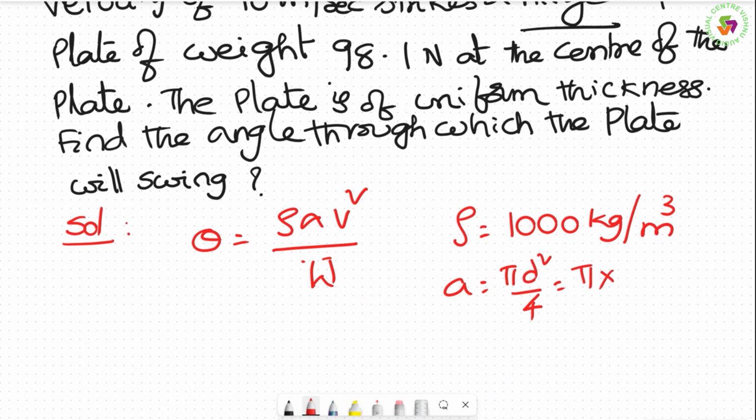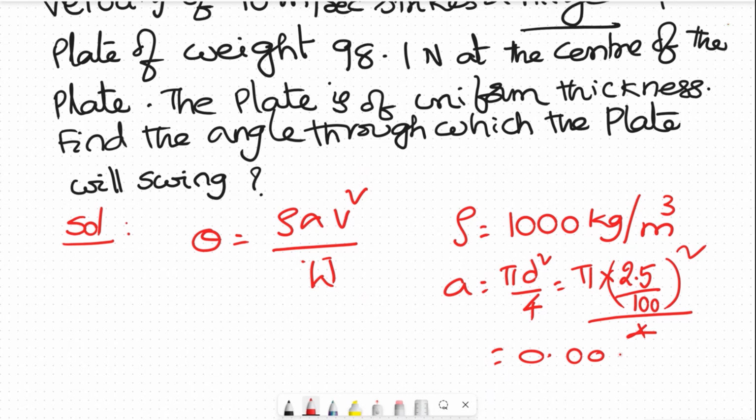The diameter is given as 2.5 centimeters, divided by 100. If you calculate that, it is going to be 0.00049 meters square. Please check this, gentlemen.